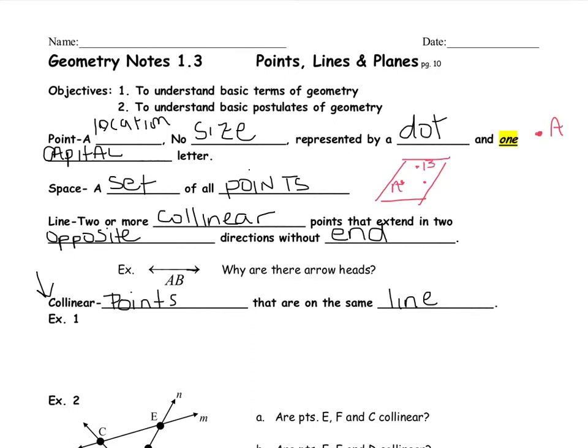A line is this right here. Notice you have arrowheads pointing in opposite directions. The reason why they're arrowheads is it's showing that they're both going in opposite directions and it doesn't end. There'll be little line segments that only have one arrow or no arrow, and those have different names.